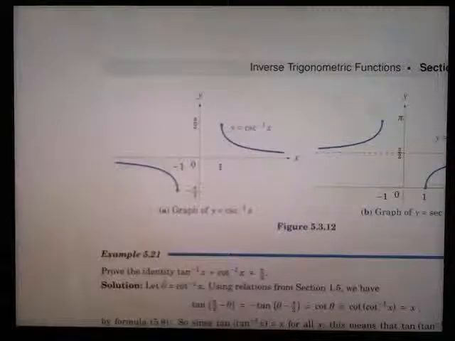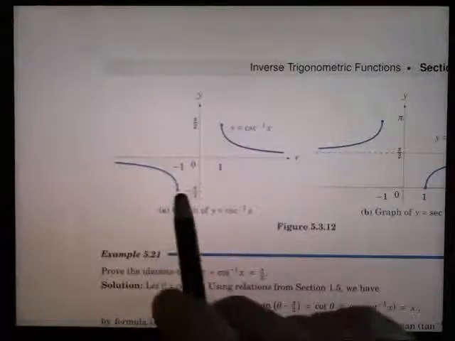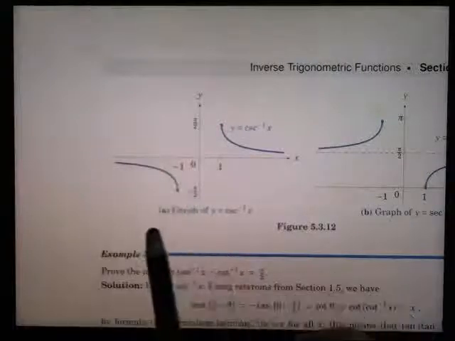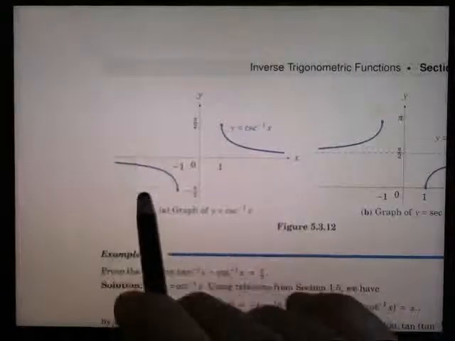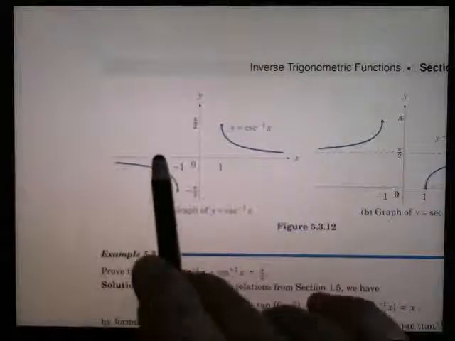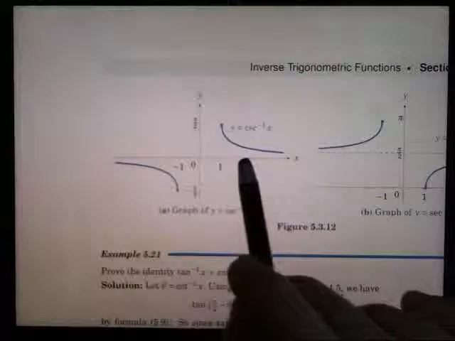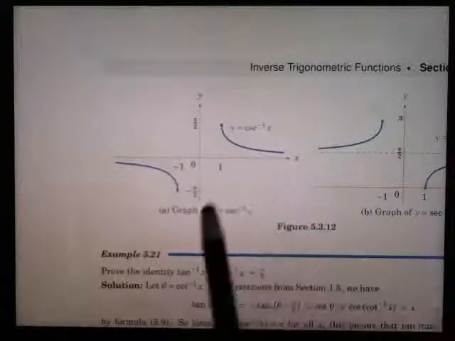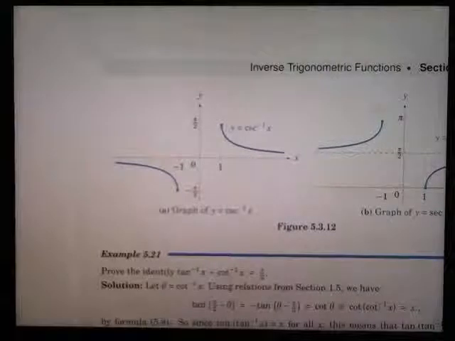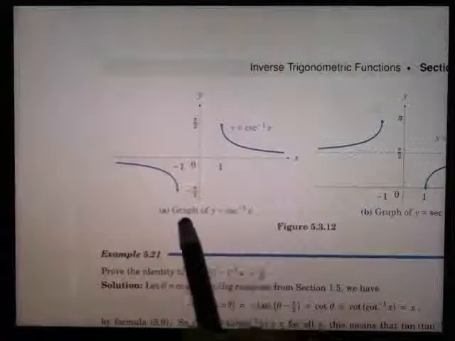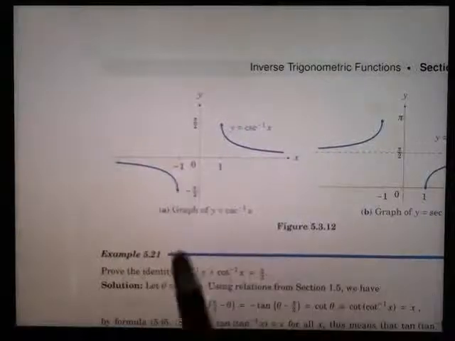When x is negative, you're getting negative angles again, in the fourth quadrant, so between negative pi over 2 and 0. For positive inputs, it's giving you angles between 0 and pi over 2. So like the sine inverse, the cosecant inverse is giving you angles between minus pi over 2 and plus pi over 2.